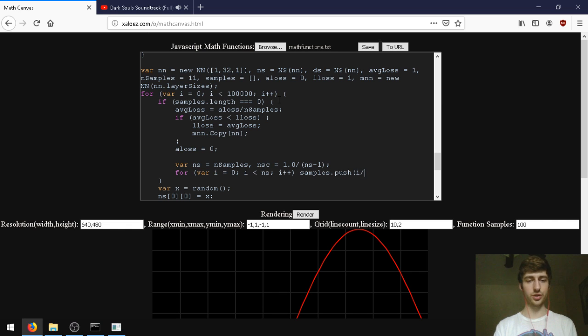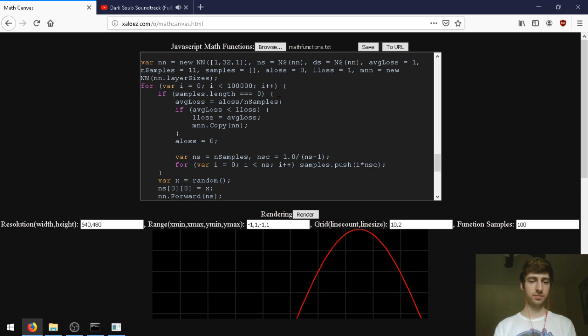Samples push I divided by or times scale. All right, there we go. So then sample ID equals random times samples.length minus epsilon, so that it doesn't go above the length.